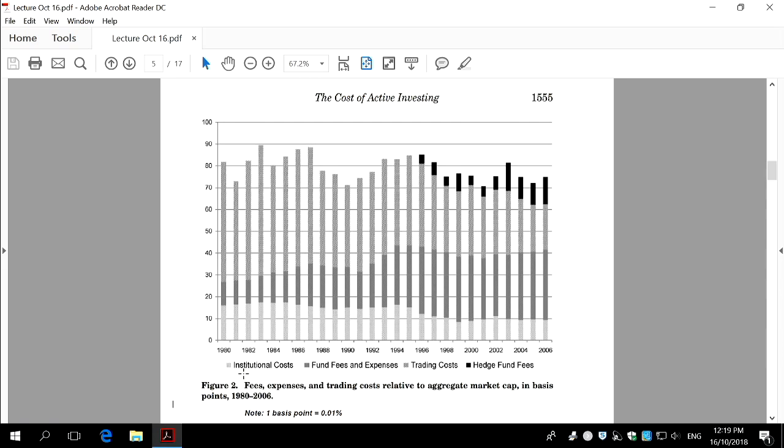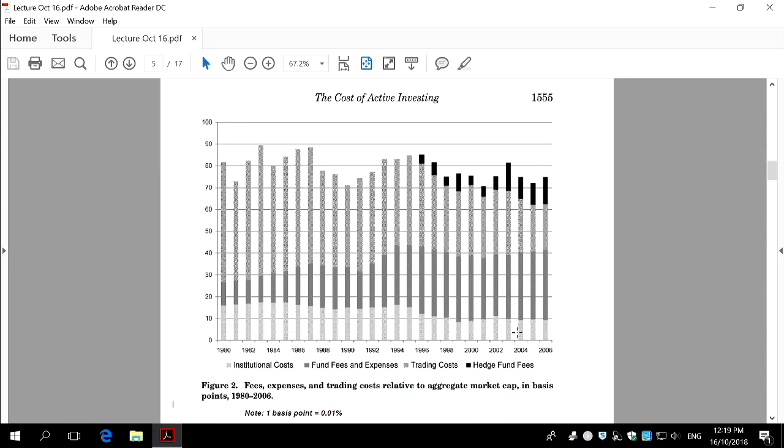The 4 components are called institutional costs, this one, fund fees and expenses for the mutual funds, and trading cost. When you do trade, you pay the financial intermediary the trading cost, and the dark black is hedge fund fees. If you do active investments through a hedge fund, you pay hedge fund fees.